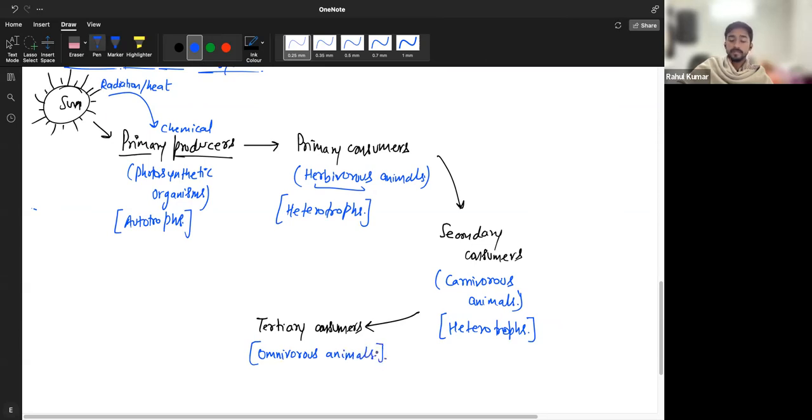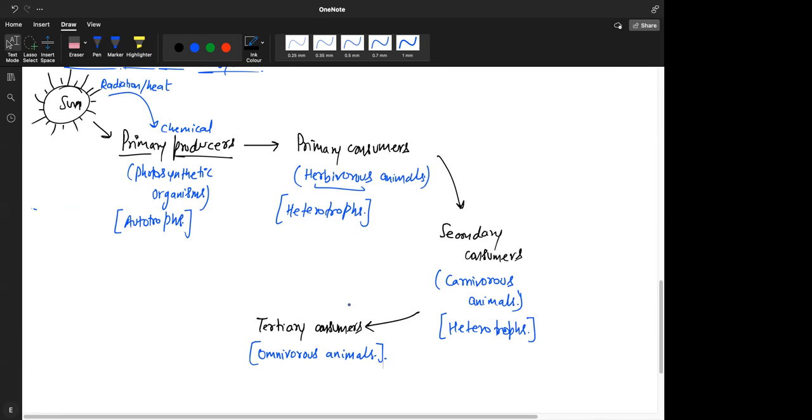What does omnivores mean, people? You must have studied this, omnivores. What is omnivores? Anyone? So both meat and non-meat eating animals. Yes.